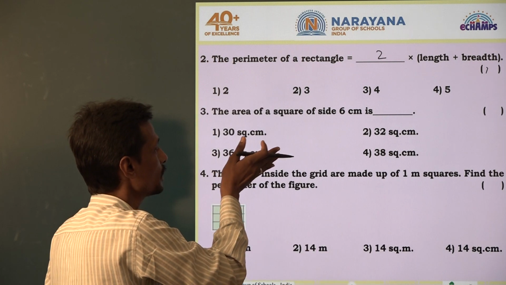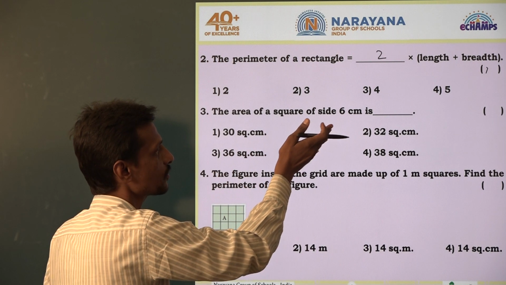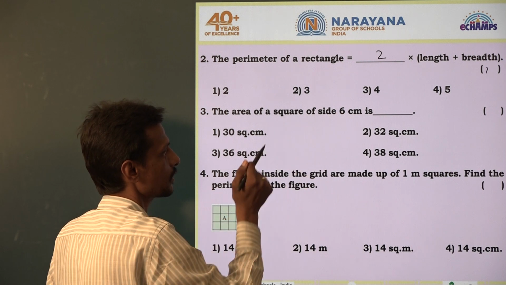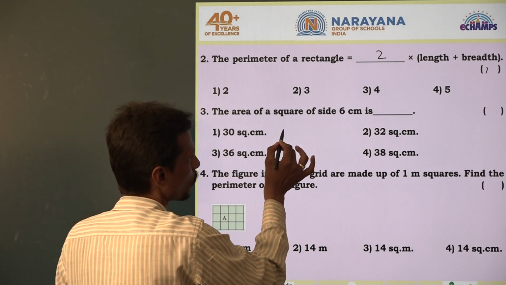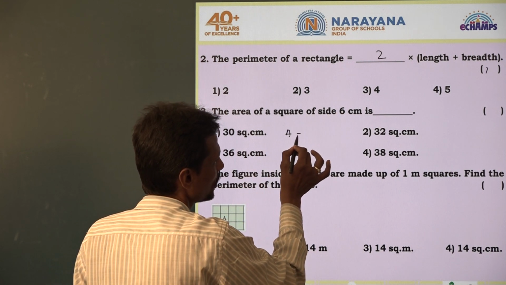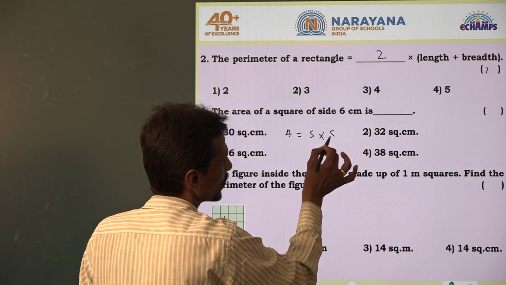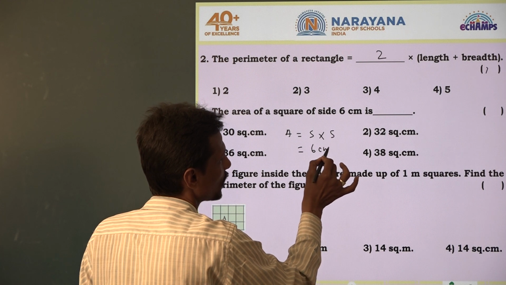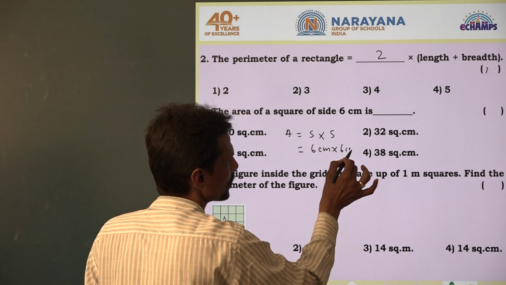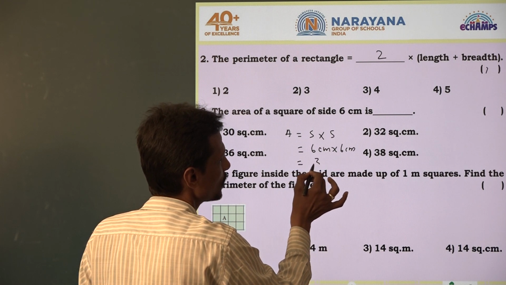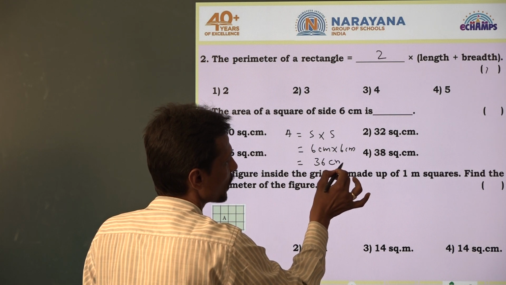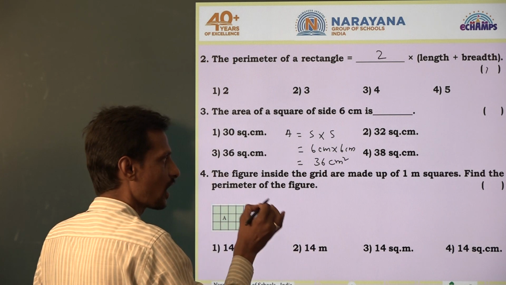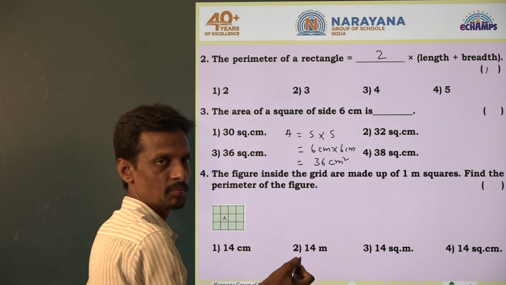Next, third one, the area of a square of side is 6 centimeter. So area of square formula here, side into side, S into S is equal 6 centimeter into 6 centimeter is equal 36 square centimeter.